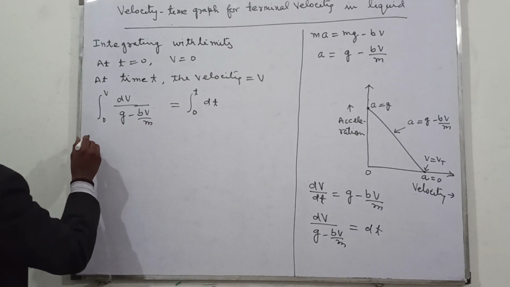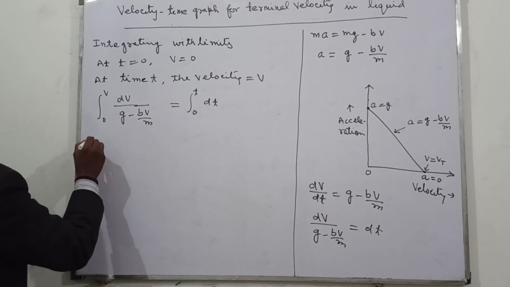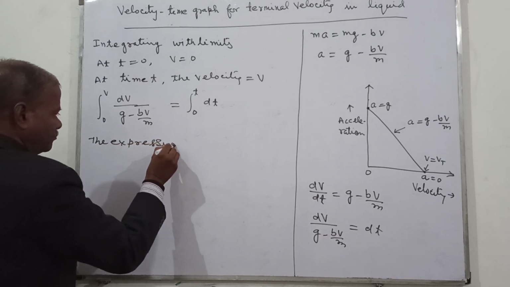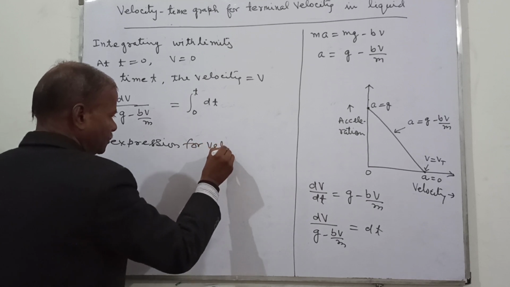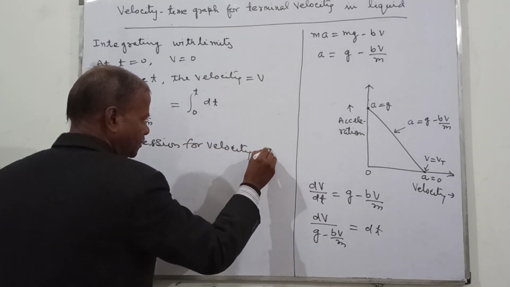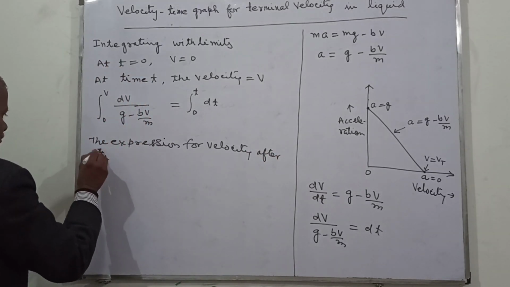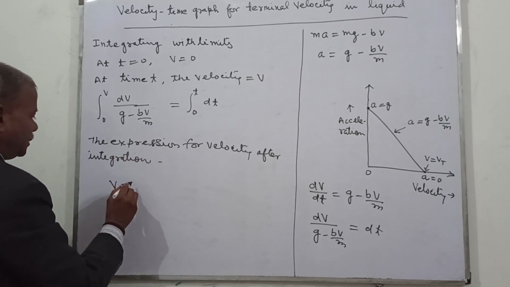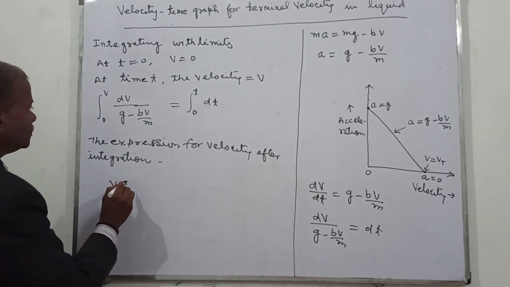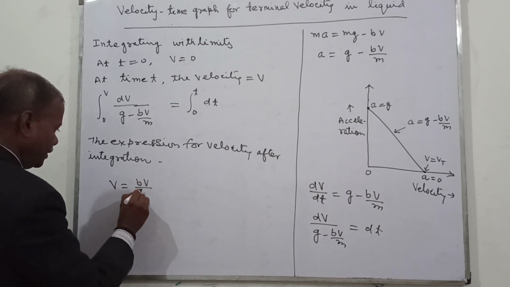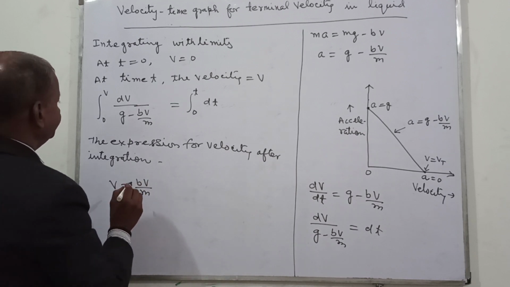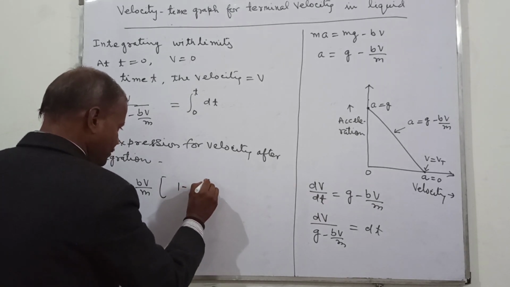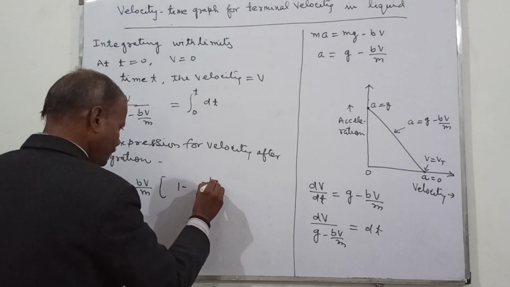Now after integrating, the expression for velocity after integration is v equal to mg upon b into 1 minus e to the power minus bt upon m.